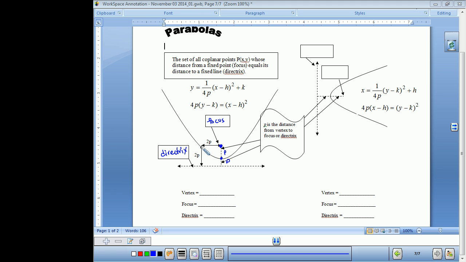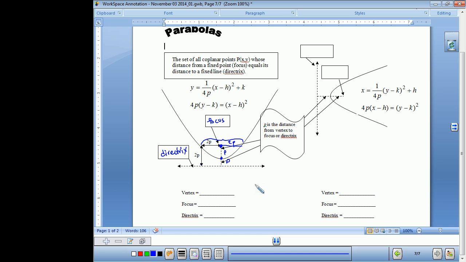Since this point is 2P away from this line, this would have to be 2P away from this line. So a quicker way to graph: if this is 2P, then all the way across would be 4P, 2P on either side. The focal width, the width right here where the focus is, is 4P.